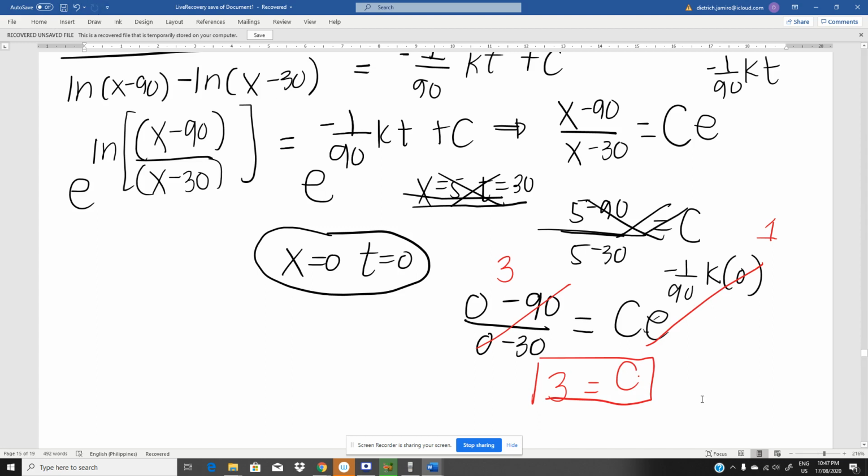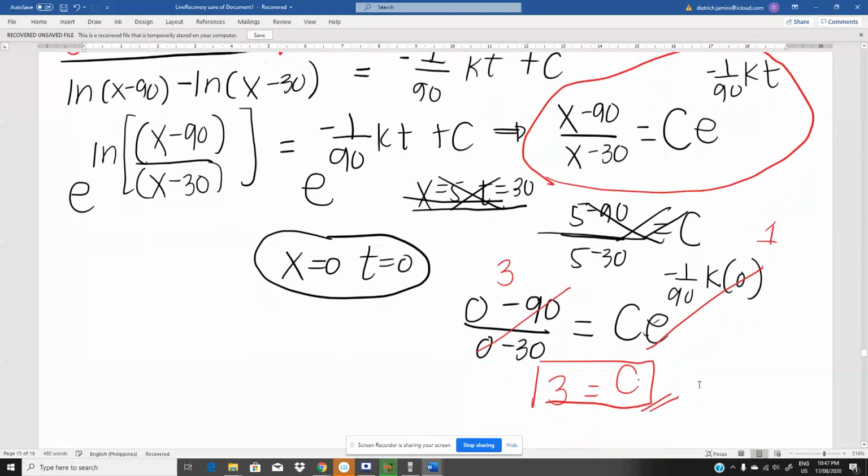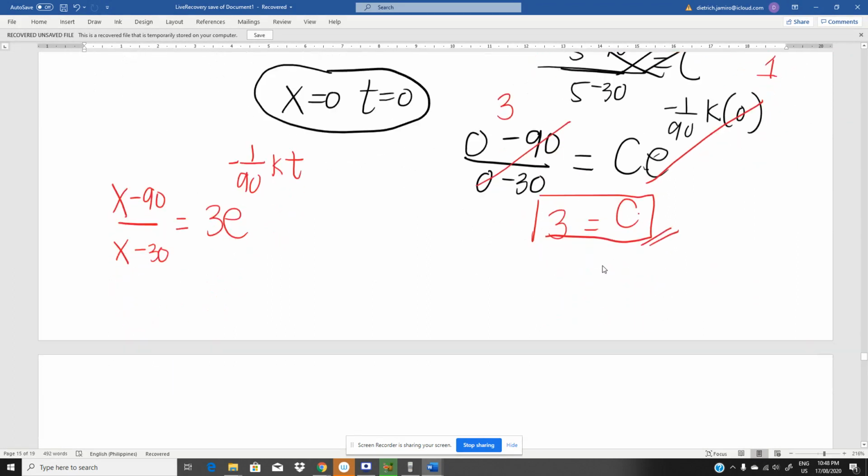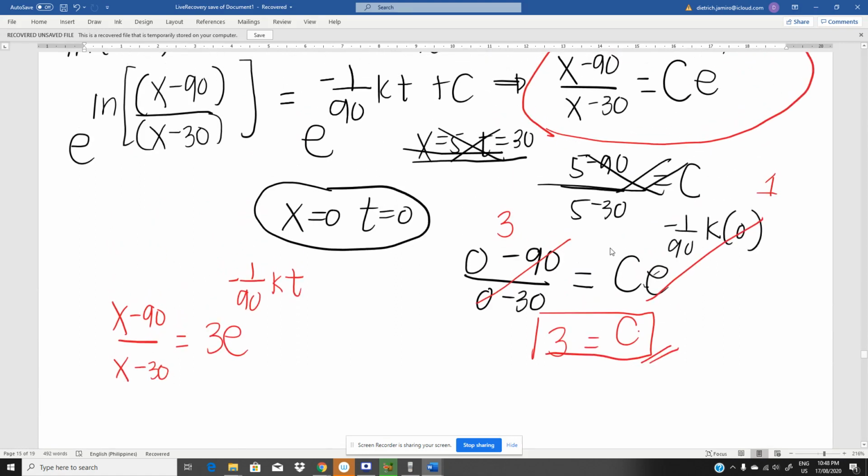And then we will substitute this into our equation. So we will have x minus 90 all over x minus 30 is equal to 3 exponential of negative 1 over 90 times k times t. But we are given that when t is equal to 30, our x is equal to 5.